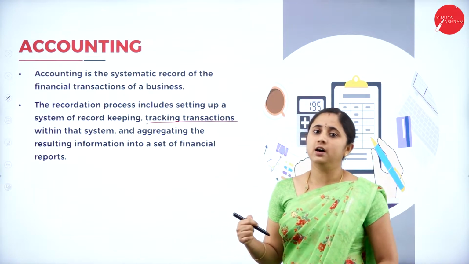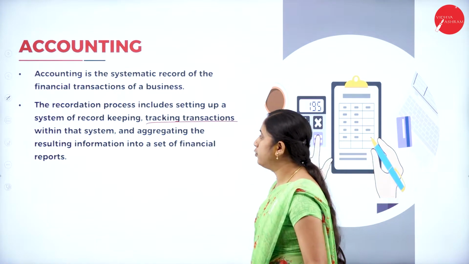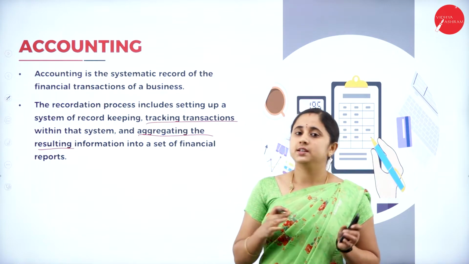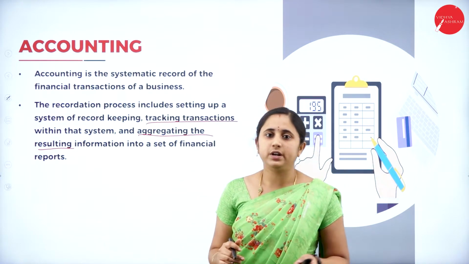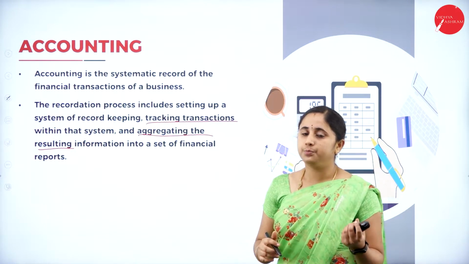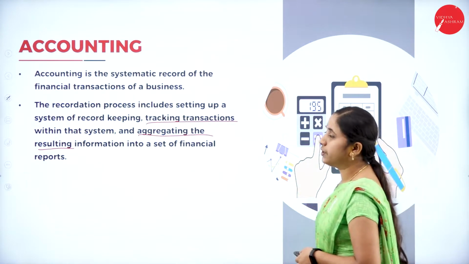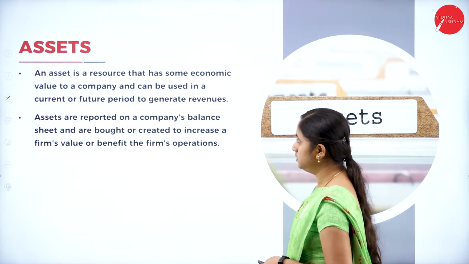If you maintain the transactions in a systematic way, it is easy to track the information and aggregate the results. All businesses maintain accounts in order to know whether they earn profit or loss. So it should aggregate the results. You are in the position of profit or loss. So accounting is a process of recording all the business transactions to know the profit or loss.